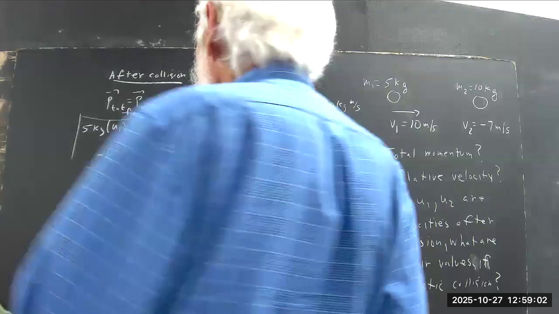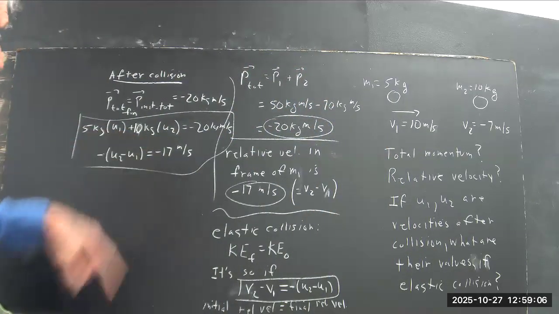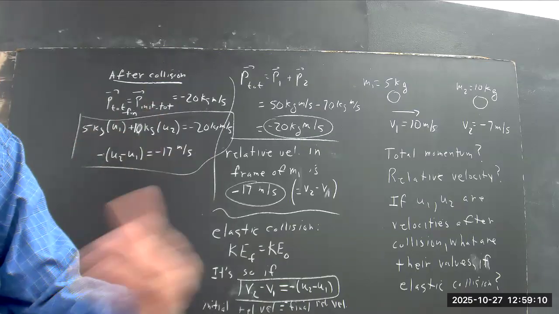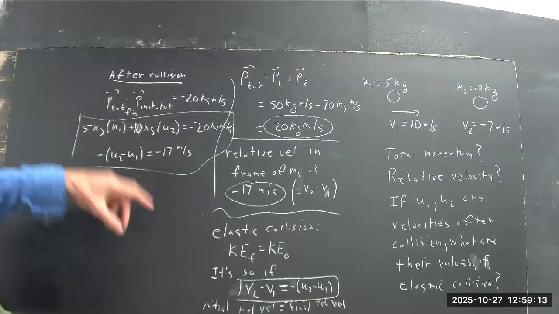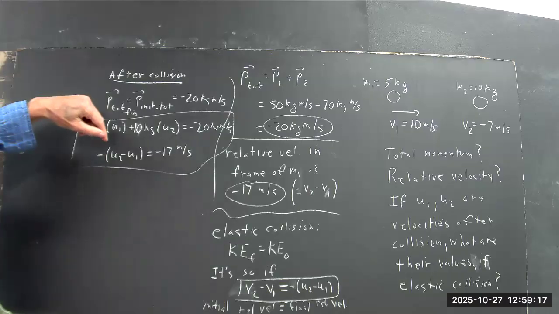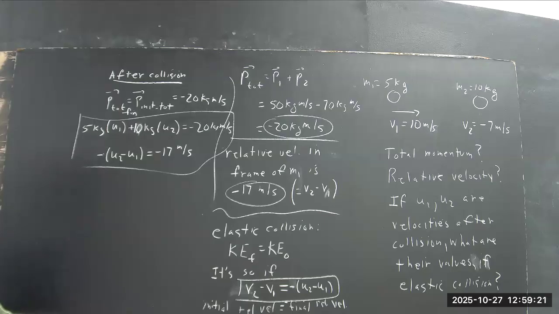Okay, we had a correction. 10 kilograms. I think I mentioned I've been writing sevens where I see other numbers. I'm thinking ahead to this. Okay. No excuse. All right. This is a pair of simultaneous equations that you can easily solve for U1 and U2.